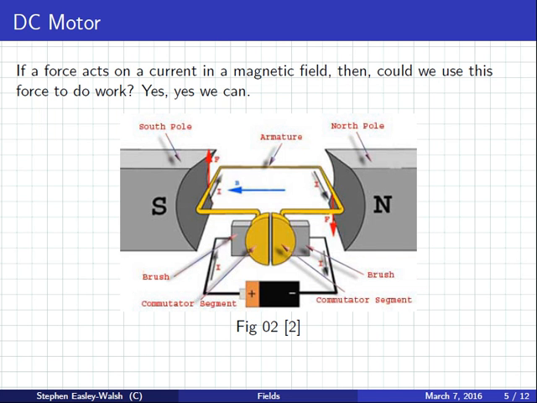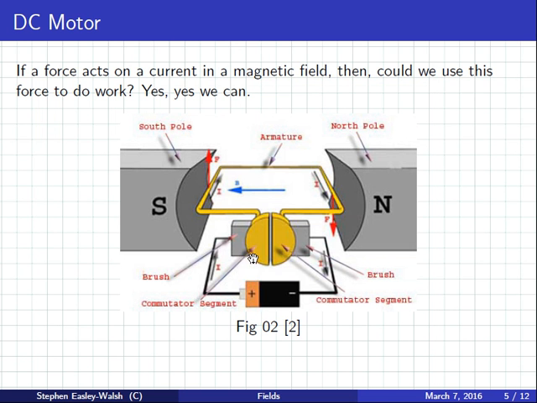To allow it to rotate, because if the wire was connected, then it would get tangled up. But if we have a brush, then we can still have the current connected, but it won't get tangled up. So these are usually made of carbon, because carbon's a good conductor. So these are usually carbon brushes. This actual special connection is called a commutator segment.